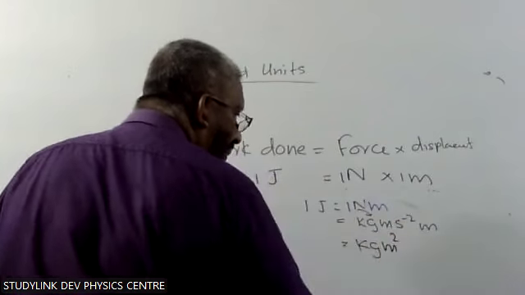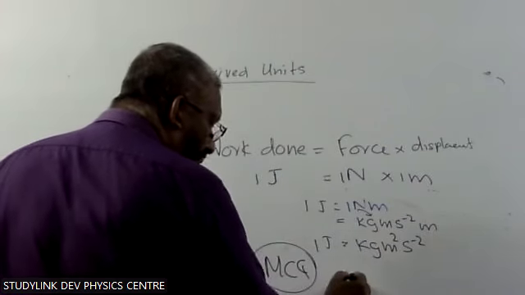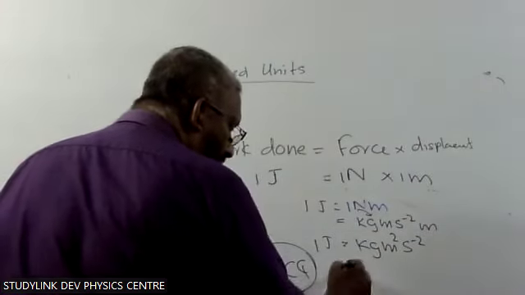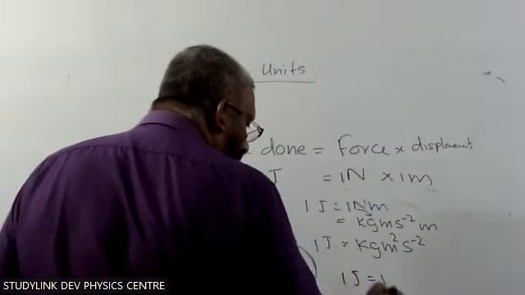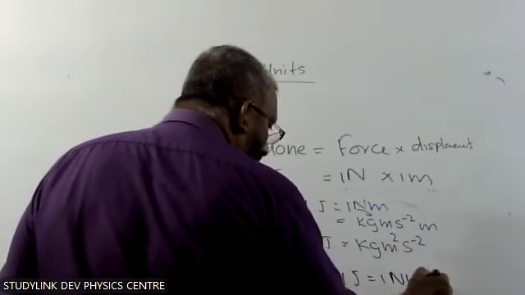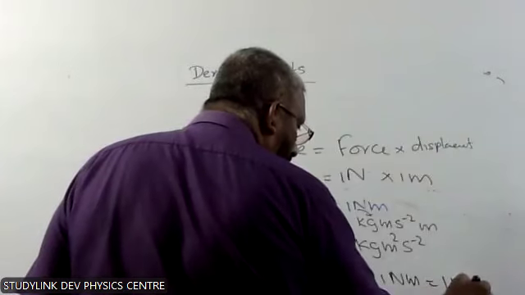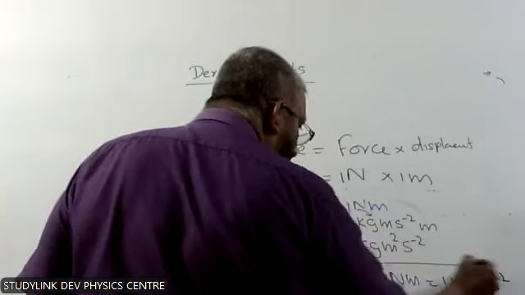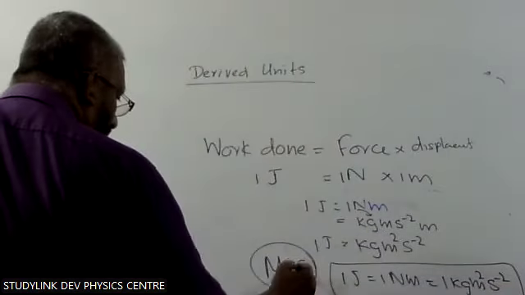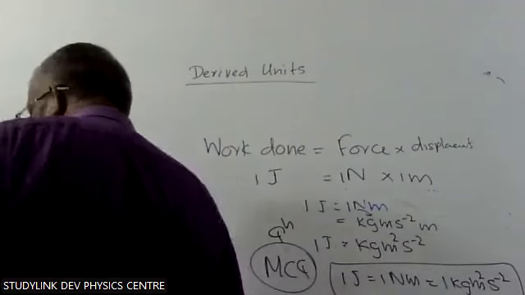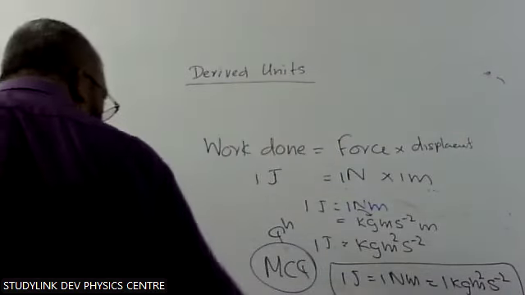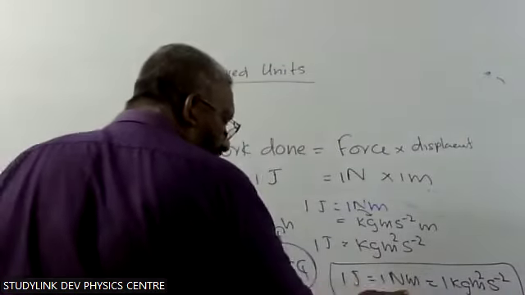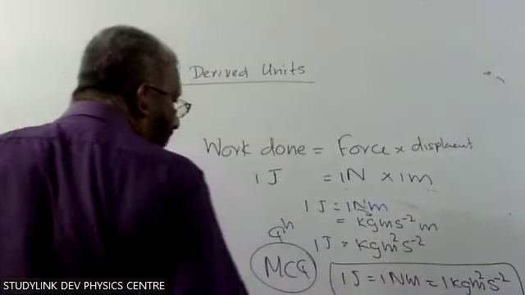That is 1 joule. So therefore, for our MCQs, equivalent 1 joule is equal to 1 newton meter. That is equal to 1 kg m squared s^-2. This is for the question. Then in MCQs sometimes this answer is there, or this answer is there.